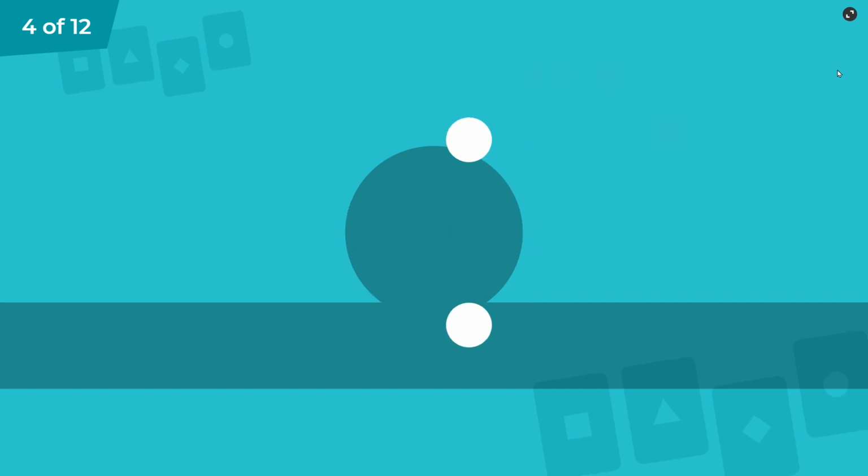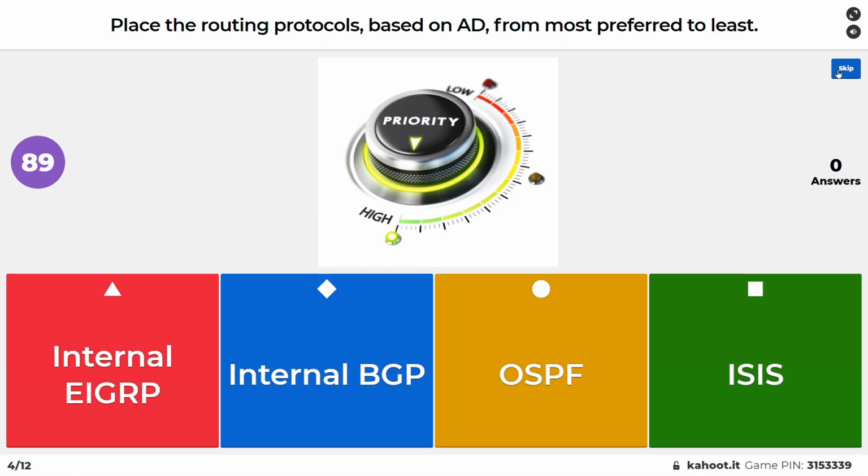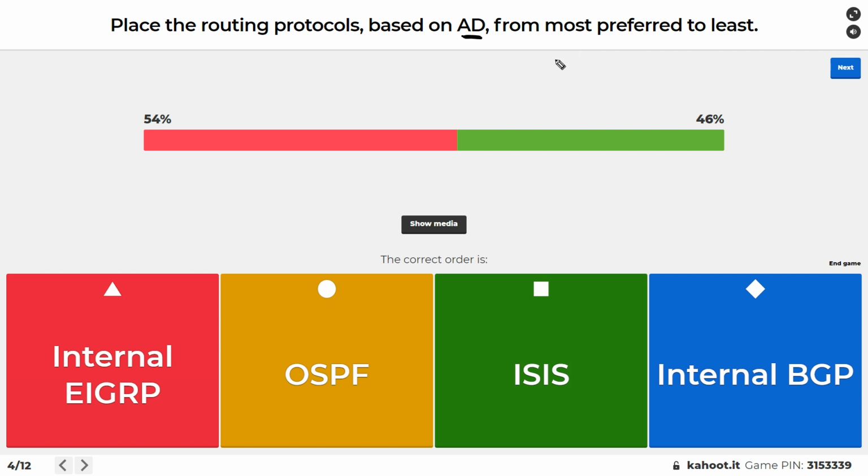Question number 4 of 12 is a puzzle. Double points. Place the routing protocols. Do this carefully based on administrative distance from the most preferred to the least preferred. So with most preferred, really this reads lower AD to higher.